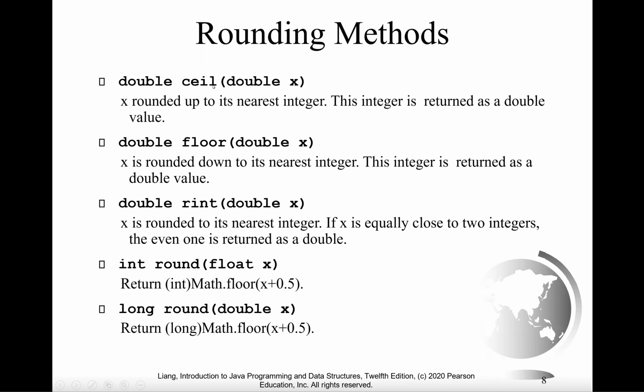This is ceil: x is rounded up to its nearest integer. floor: x is rounded down to its nearest integer. rint: x is rounded to its nearest integer, and if x is equally close to two integers, the even one is returned as a double.